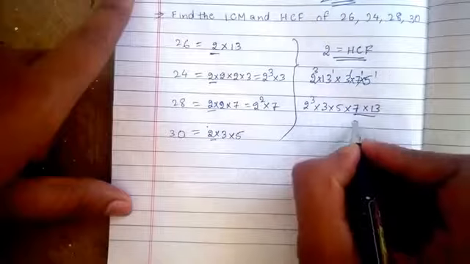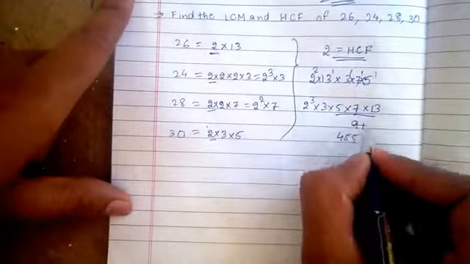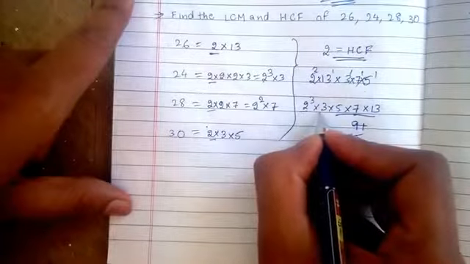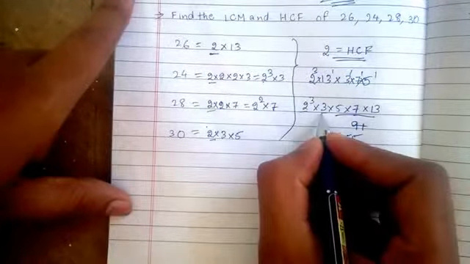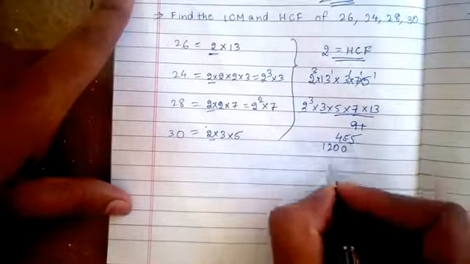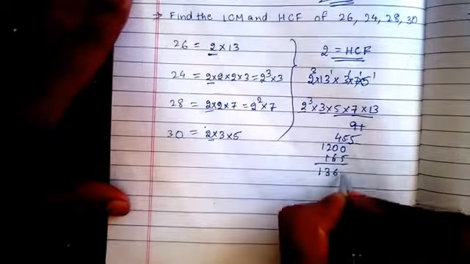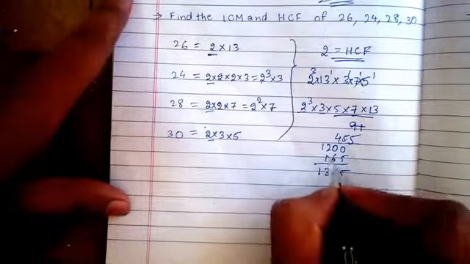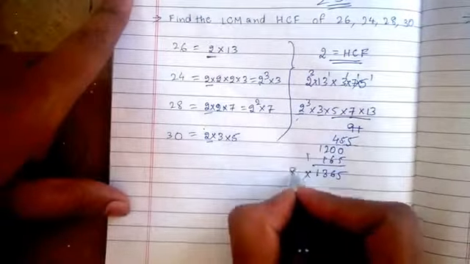13 into 7 is 91, into 5 gives us 455, and then 2 cube into 3. 455 into 3 is 1365. And 1365 multiplied by 8, we still have 8 remaining.